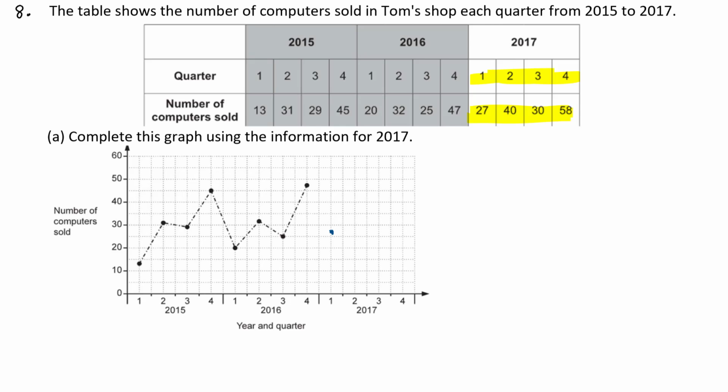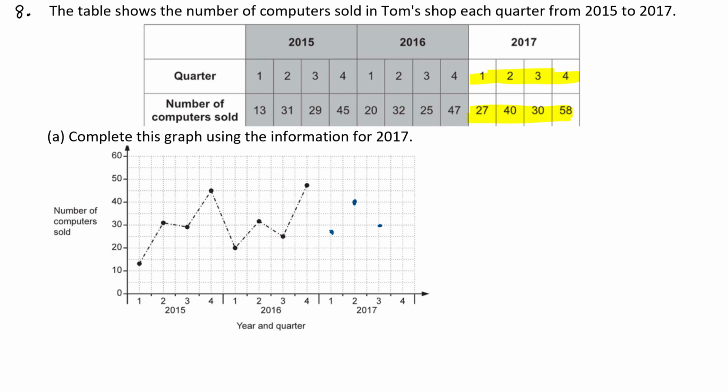Okay, I'm going to use the same style. So I'm going to do a little point like that. Next point, 2 goes to 40. That should be a nice easy one to plot. It's just on the lines. 2 goes to 40, goes there. 3 goes with 30, again should be a nice easy one to plot. 3 and 30 goes there, and finally 4 goes with 58.